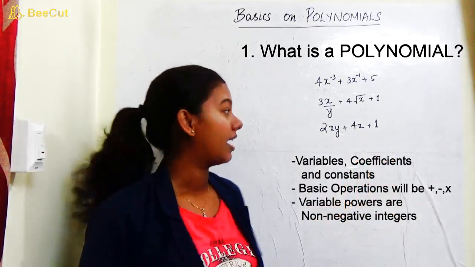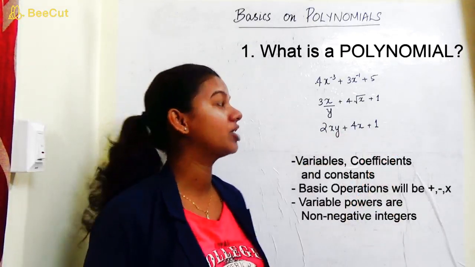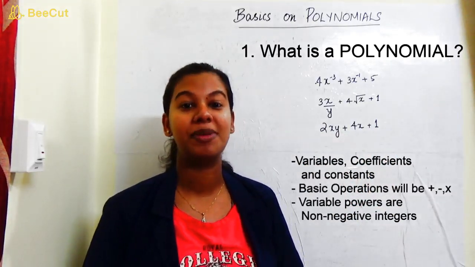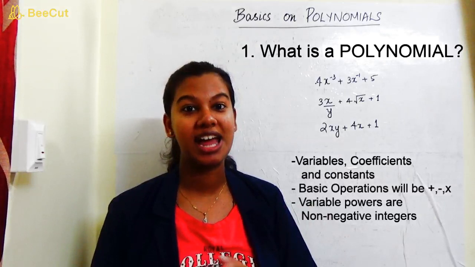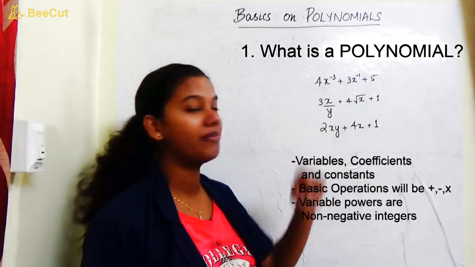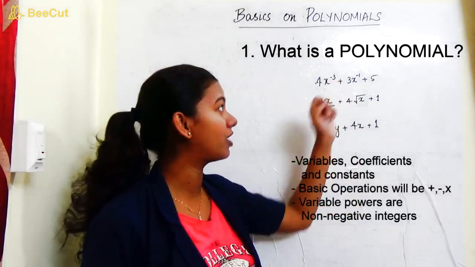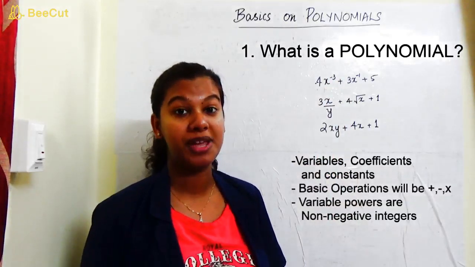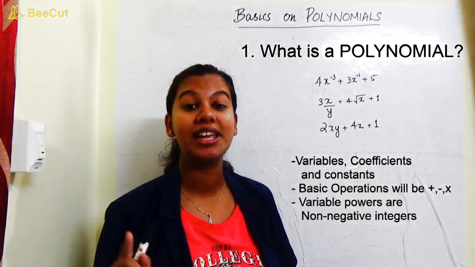The operations in a polynomial will be addition, subtraction and multiplication. There will not be division. Also, the power of the variables, that is the exponents, should be a non-negative integer.